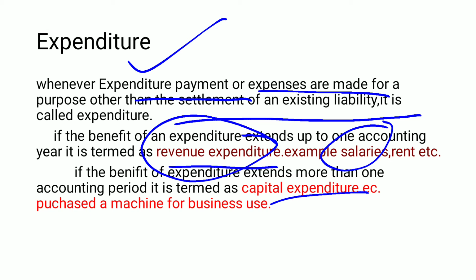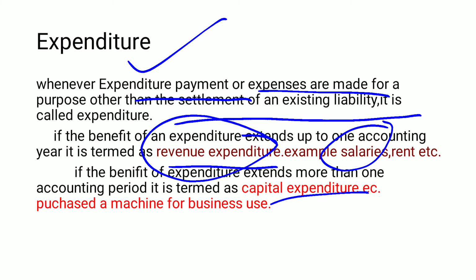Whether for making the salary payment the benefit is available to the business for more than a year or within a year, that is the important thing here. Whenever rent or salary is paid, its benefit is limited, usually to that year only.